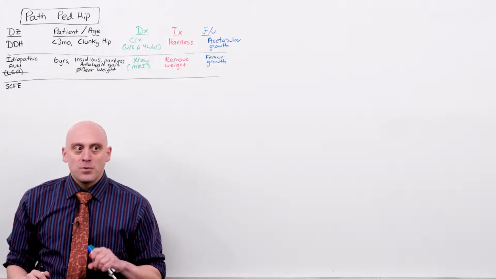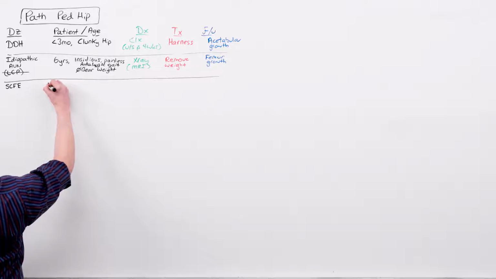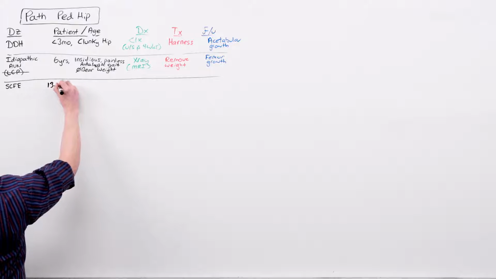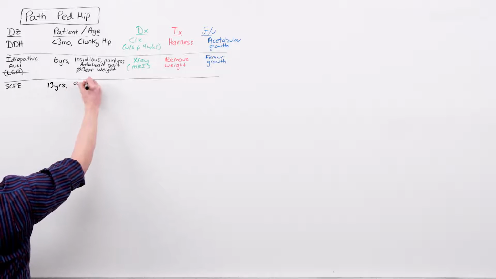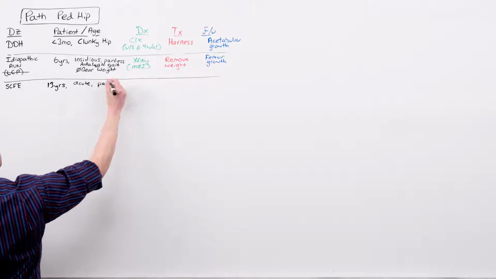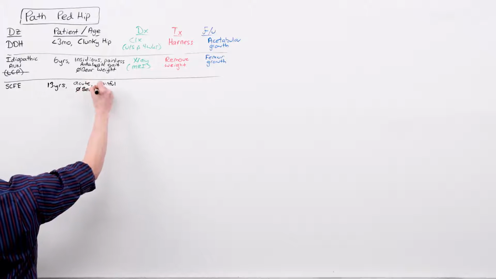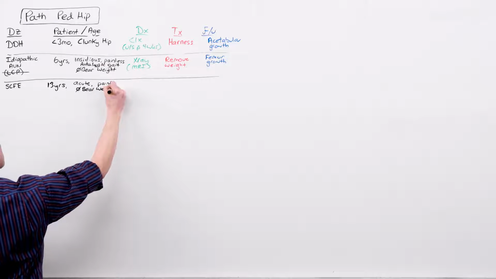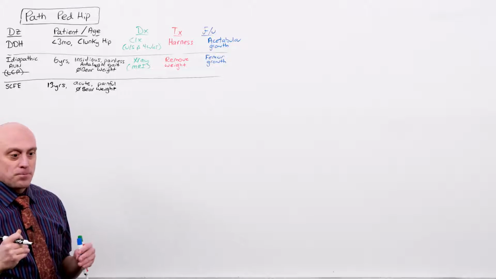You'll see why. SCFE occurs during the growth spurt. Adolescence, 13 years. It is acute, it is painful, and will show the inability to bear weight. As the long bones grow longer, the muscles need to accommodate.